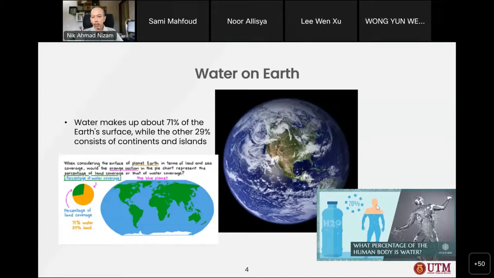And in our body, we have around 70% water. So that's why water is very important, and why you need to learn the principles of water before you understand the biomolecules.